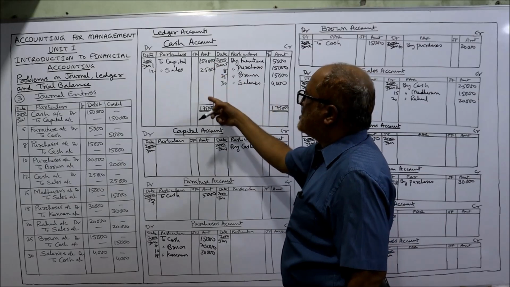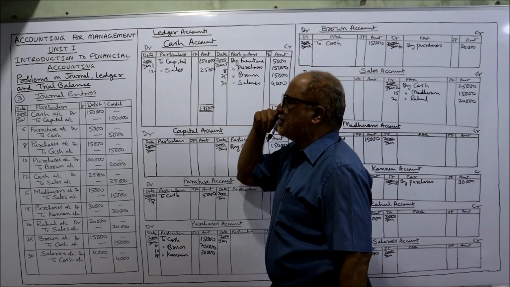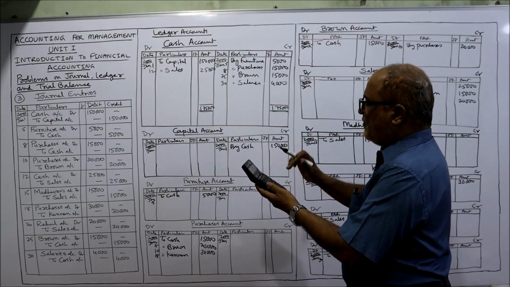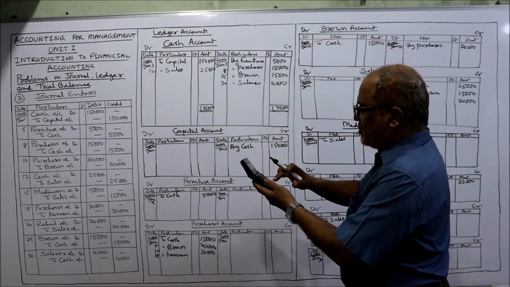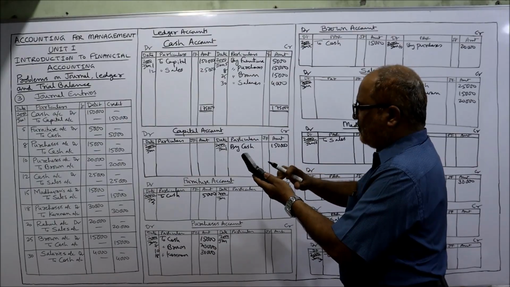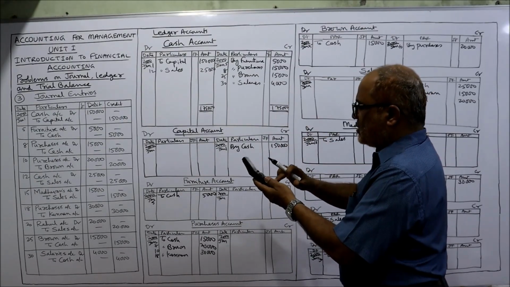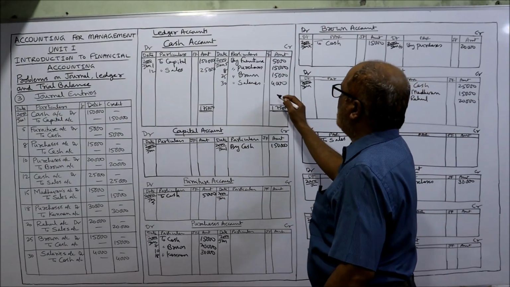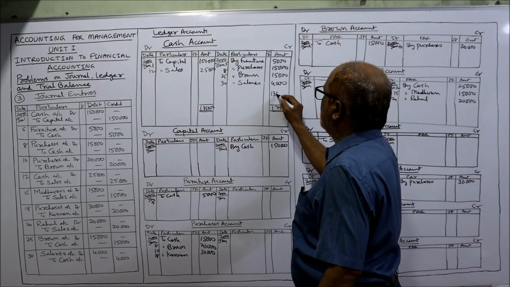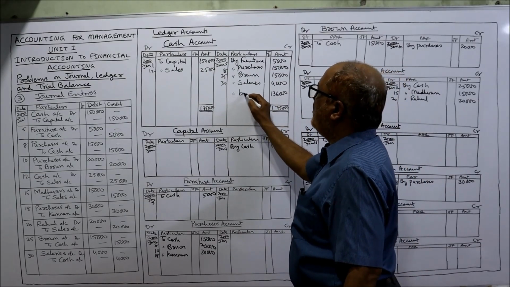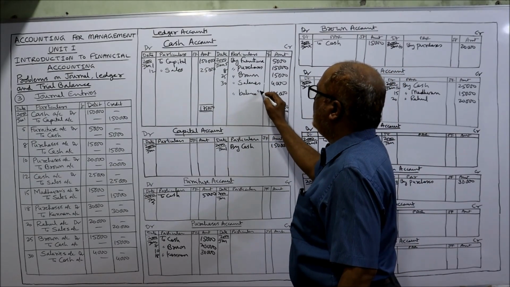The total debit side always will be more for cash. So debit side 1,75,000 minus 5,000 minus 15,000 minus 15,000 minus 4,000. It comes to 1,36,000. So 1,36,000 is the balancing figure, by balance carried down.